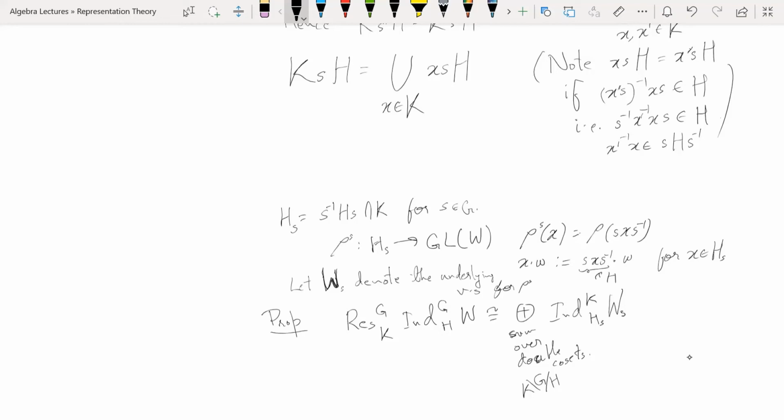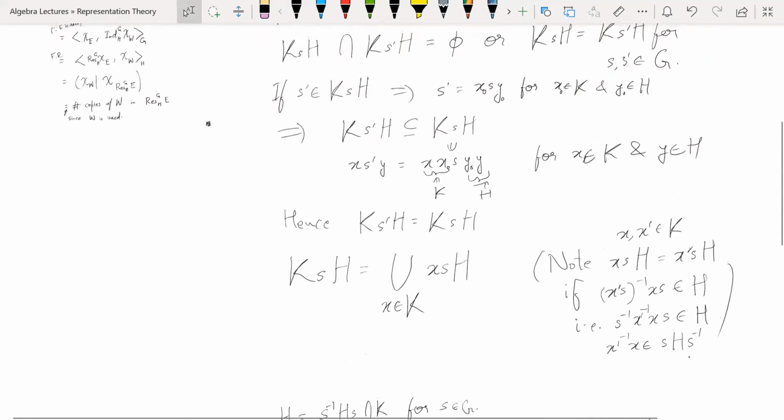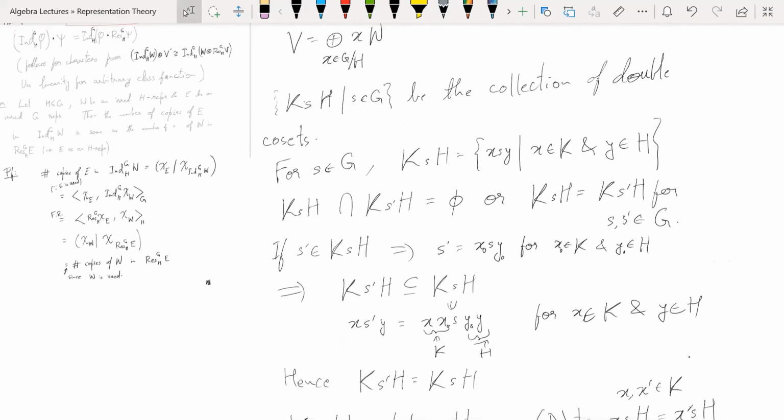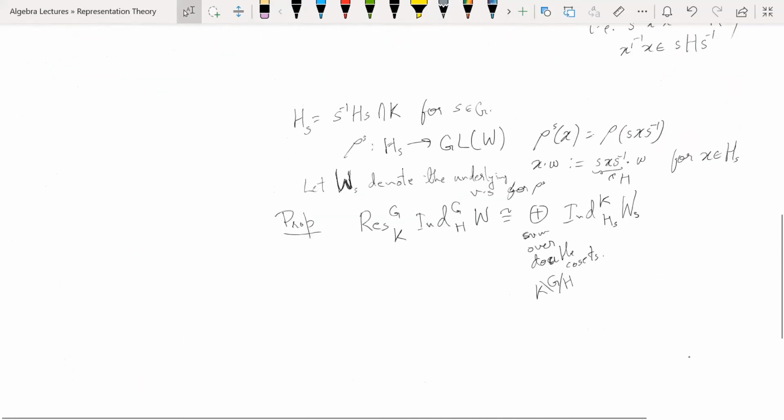Okay, so now the proposition is that the representation we were trying to study, the induced representation of W to G restricted to K, is isomorphic to the following.